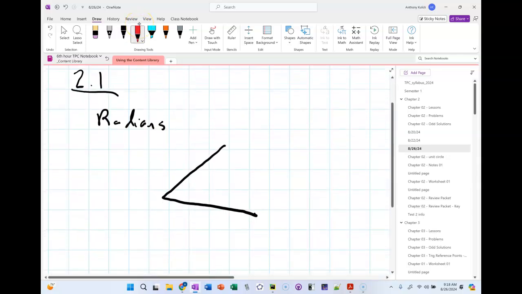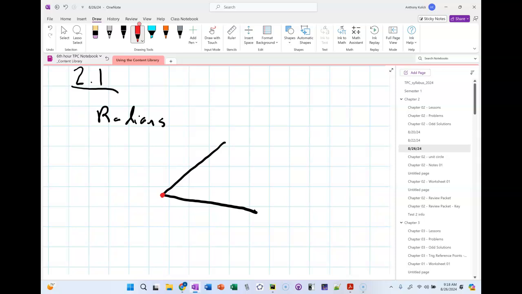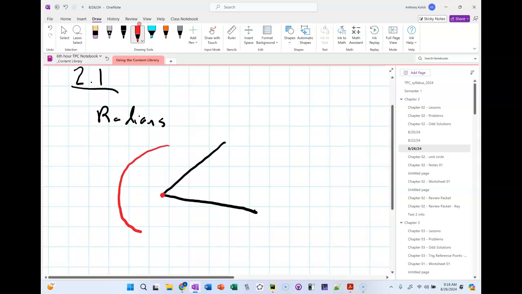What we're going to do is imagine that the vertex of this angle is the center for some circle, where the radius for that circle is just 1 unit.